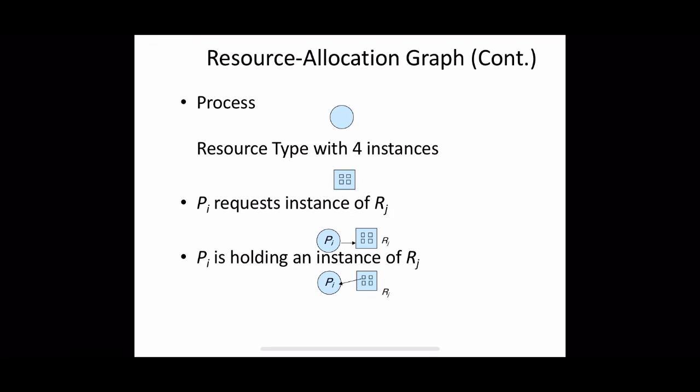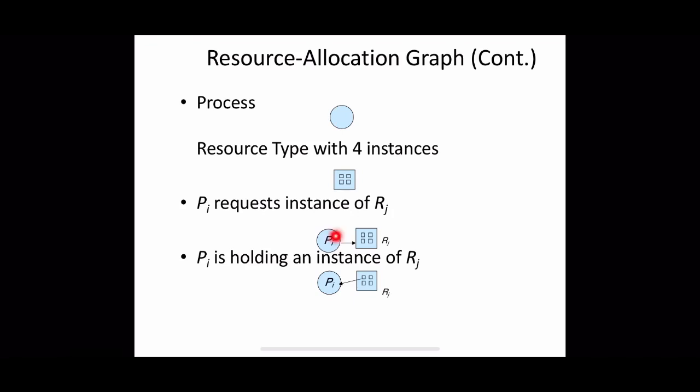Just for example, if we have a printer resource type and 4 printers are there, we can represent the entire printer resource type as a single rectangle in which 4 different dots are there. Each dot denotes a particular instance of the printer. And we have two different edges, one from process to resource and the second one from resource to process.